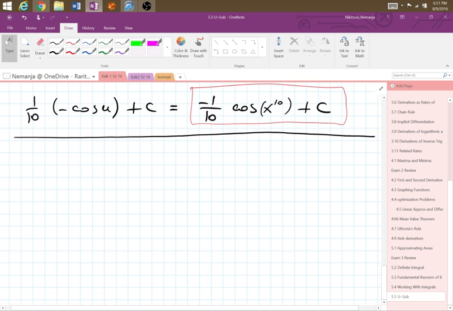All right, so let's take a look how you're going to fare with this one. This is problem 20 in your textbook. I mean, all of this is from the textbook. The integral of (square root of x plus 1) raised to the 4th divided by 2 square root of x dx.